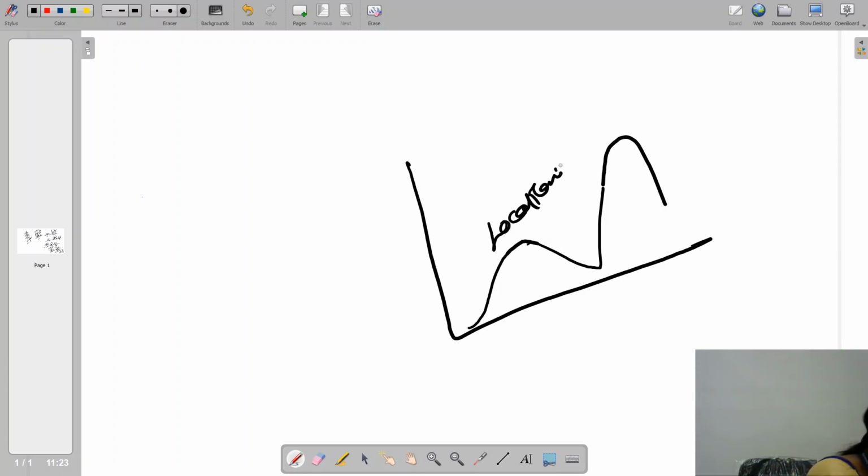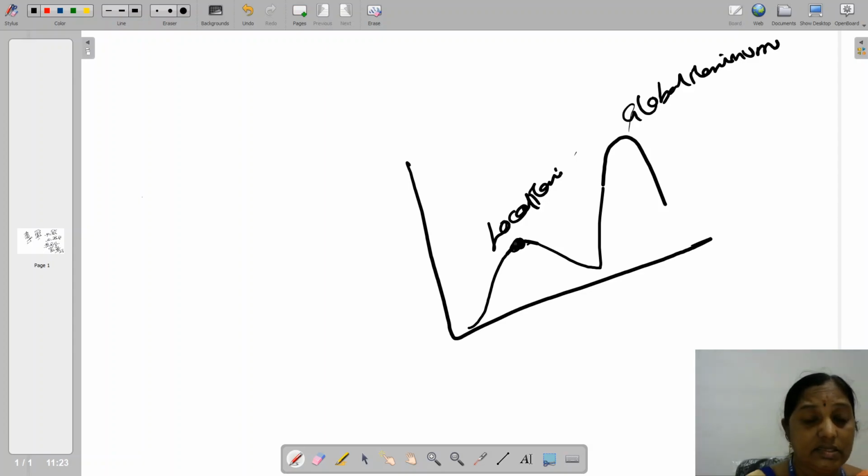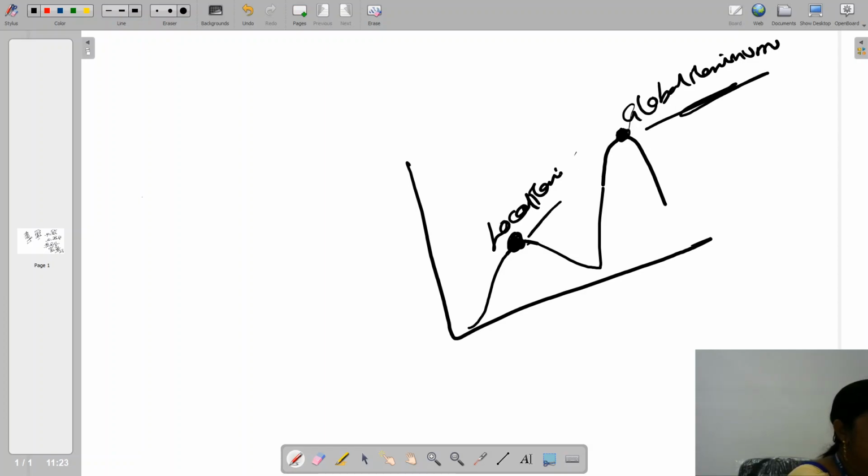Suppose you are moving to the highest peak of the mountain and you are here, but you are thinking that you have reached the highest, but there is a higher point, the global maxima. You think you reached the top of the mountain, but this is not the highest peak. This is the highest peak, the global maxima, and this is the local maxima.